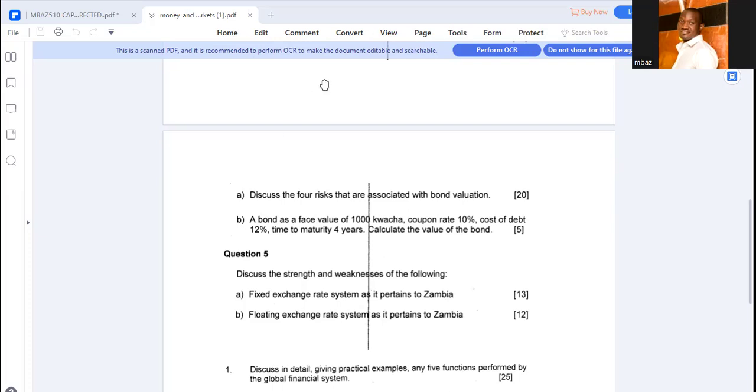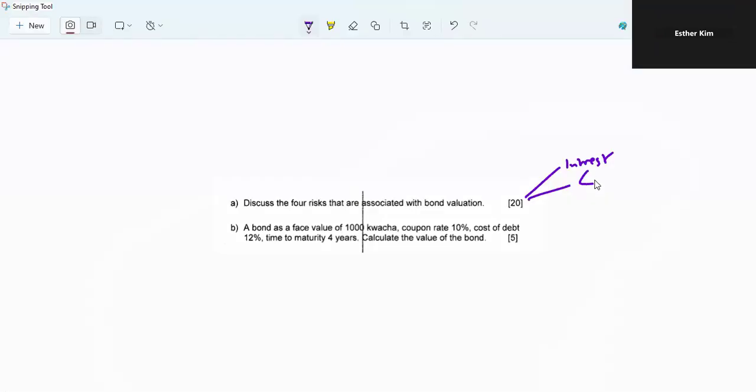Okay, so question number 1, what risks are there? What are some of the risks that we discussed? Number 1, interest rate risk. Number 2, credit risk. And number 3, inflation risk.